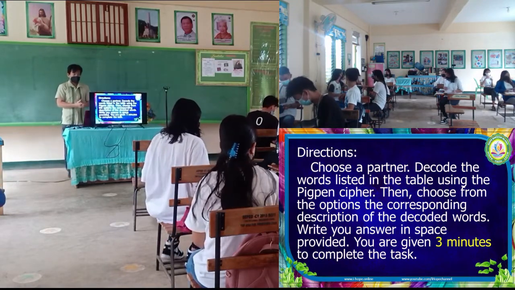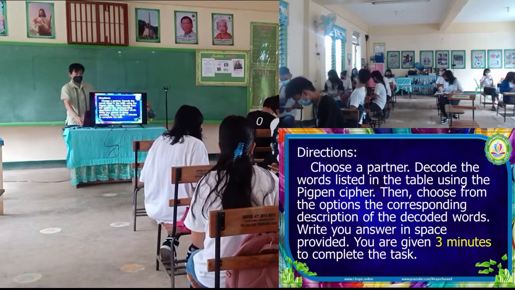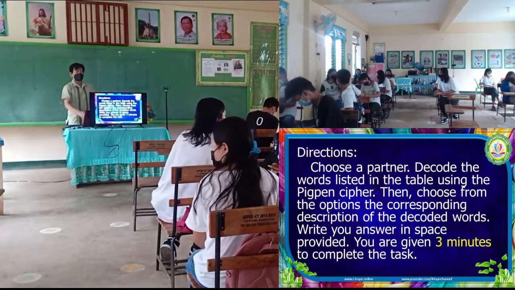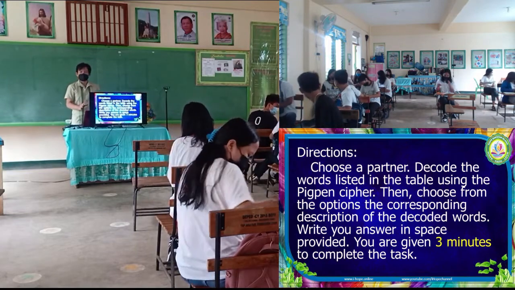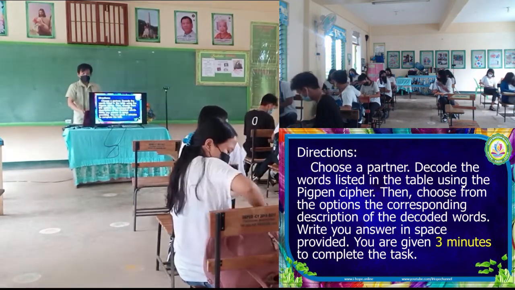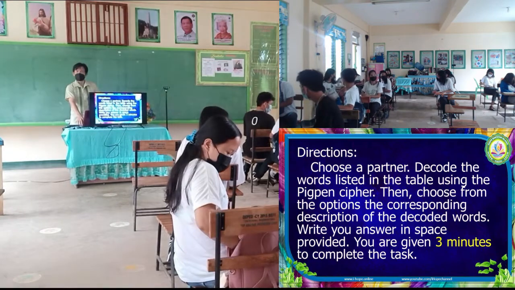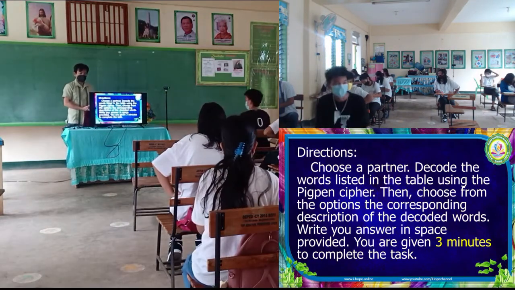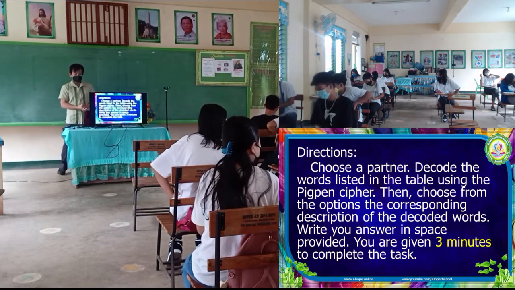Then, you're going to decode the listed words in the table using the Fishman's decipher. Then after that, we're going to choose from the given options the descriptions that correspond to the decoded words. So you're given 3 minutes to complete the task.